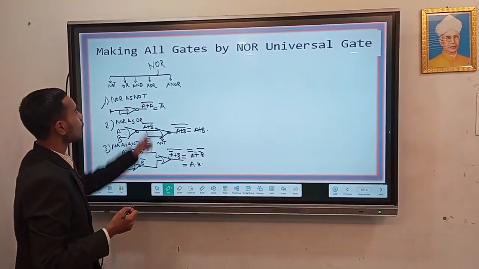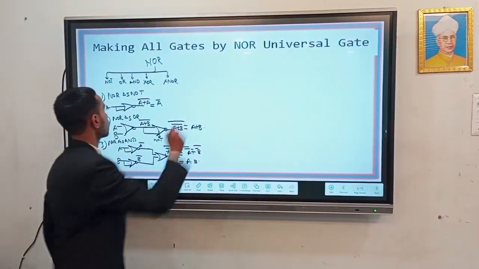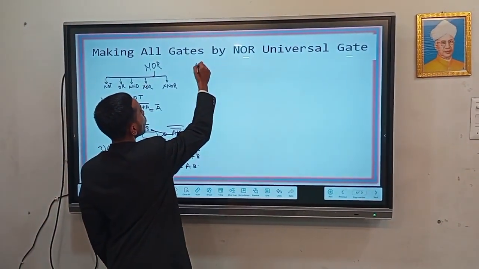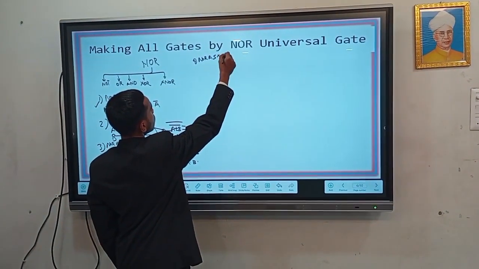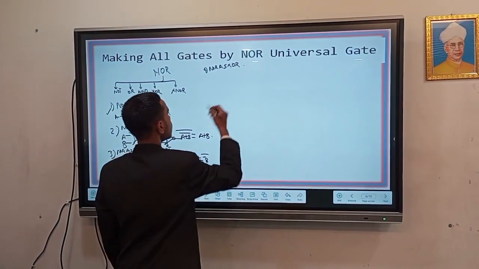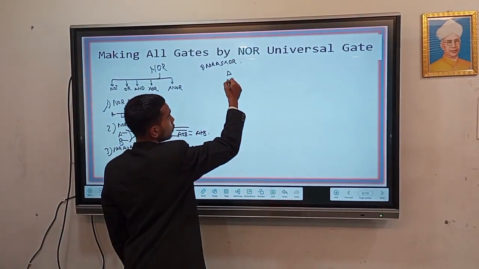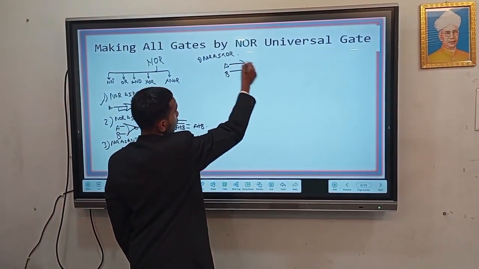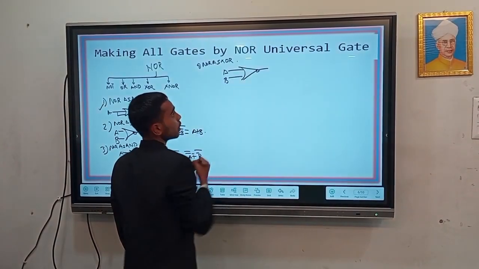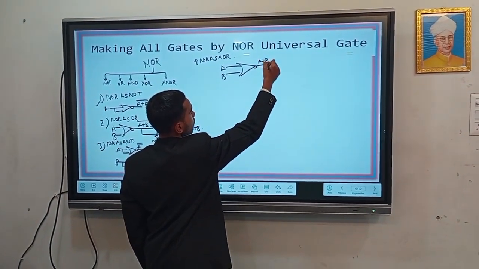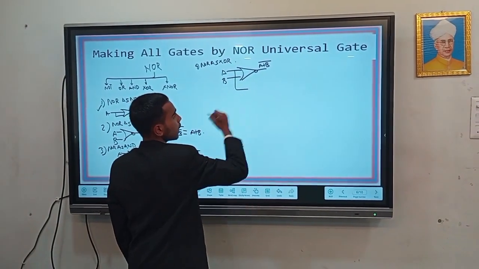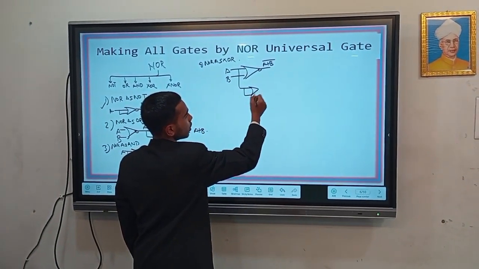Okay. Now we are going to see NOR as XOR. For seeing the NOR as XOR, we will take two literals A and B, and they are given to one NOR gate. So we get A plus B complement total here. Now we will take A input and we will make this like this.